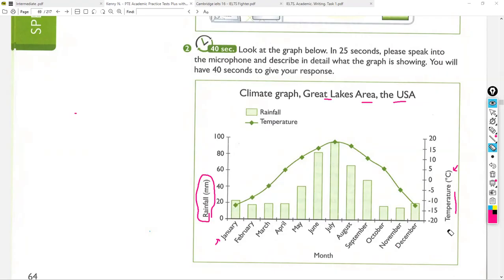So we see here the rainfall in January, and the temperature starts from 20. Is it temperature?